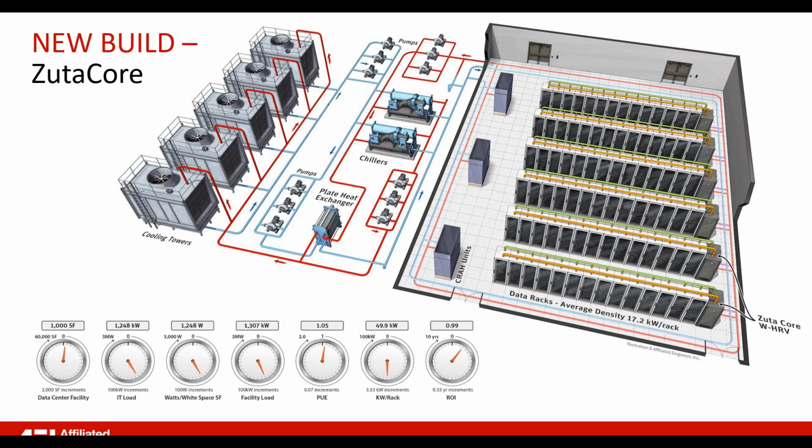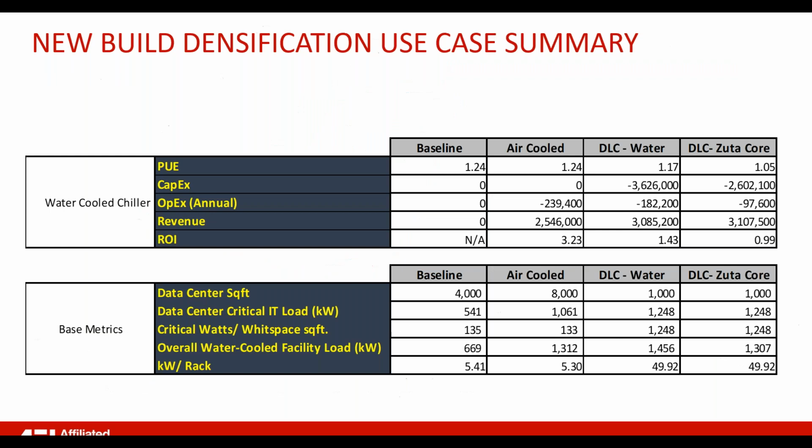The facility load is at the same point as the previous builds, but the PUE is much lower. We're down to 1.05, and we're under a year from an ROI perspective to accommodate this higher density. And we're accommodating this with 50 kW per rack in this application. Next slide.